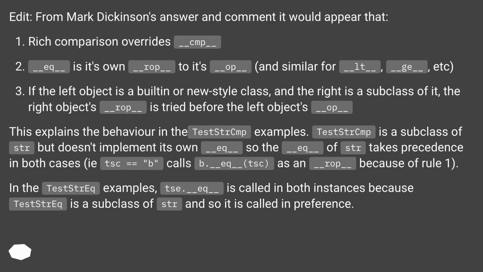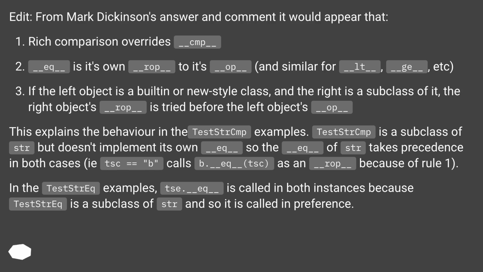Edit. From Mark Dickinson's answer and comment, it would appear that rich comparison overrides __cmp__. __eq__ is its own __rop__ to its __op__, and similar for __lt__, __gt__, etc. If the left object is a built-in or new style class, and the right is a subclass of it, the right object's __rop__ is tried before the left object's __op__.